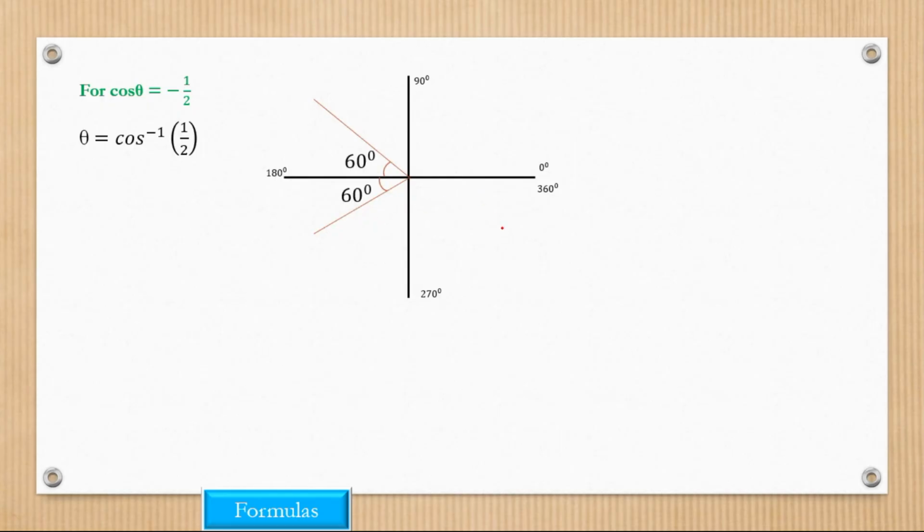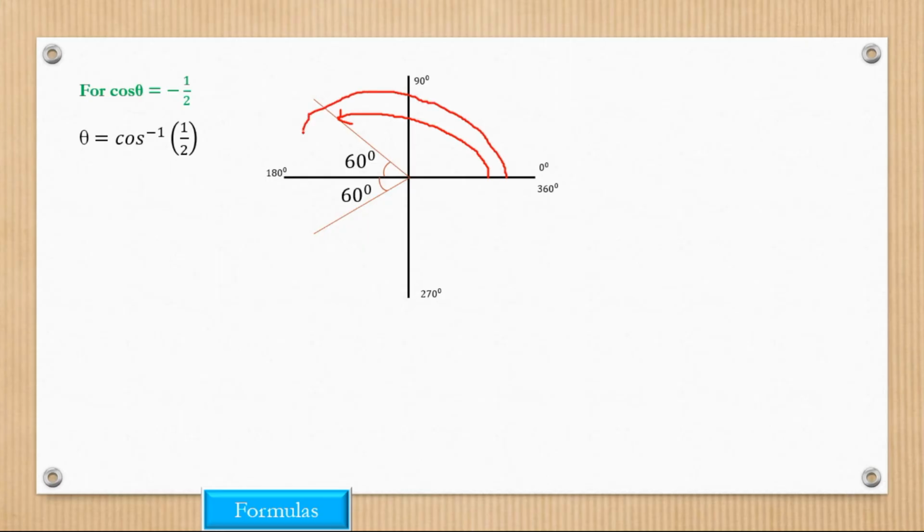Remember now in this example we've been told that we are limited to anti-clockwise rotation, so negative values are not allowed, so there's no clockwise rotation. So what are our first values? We have this, which is equal to 180 minus 60, which is equal to 120.